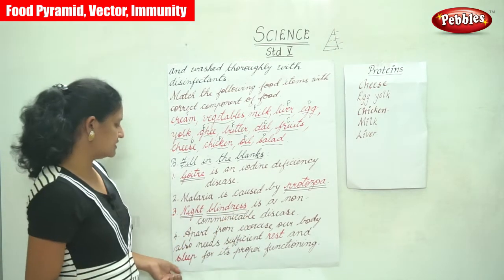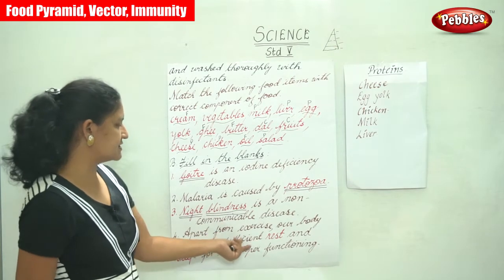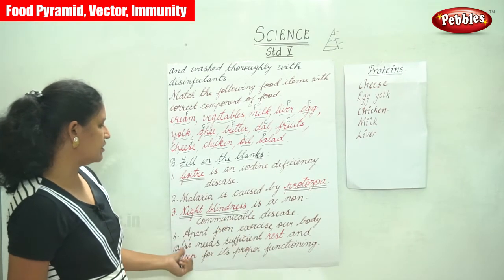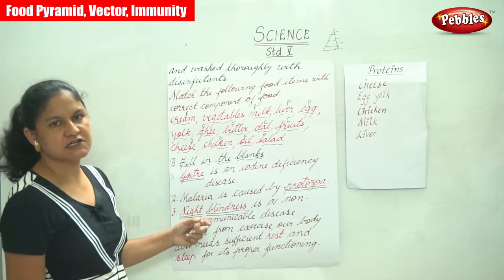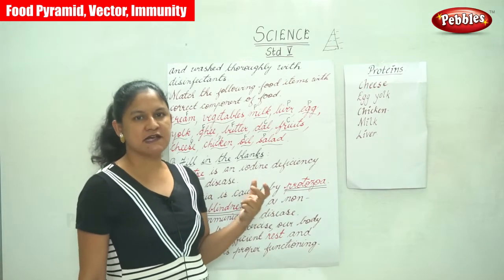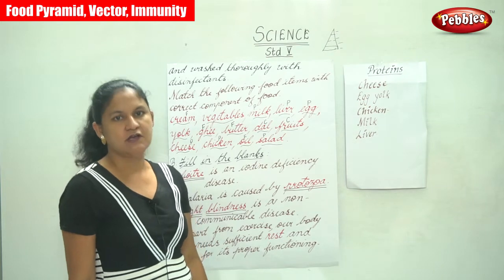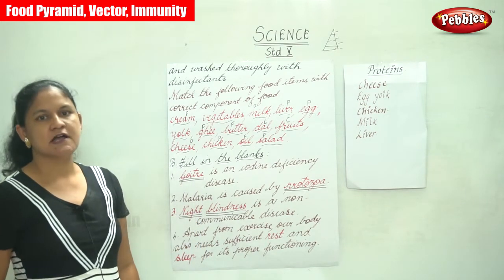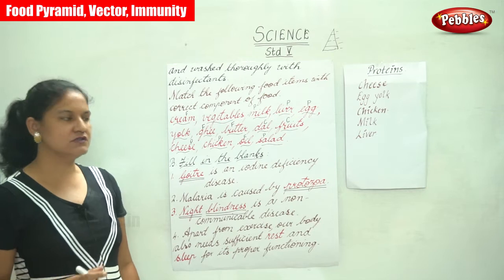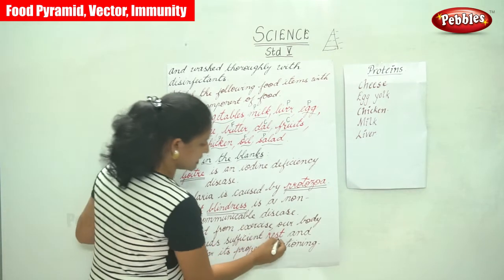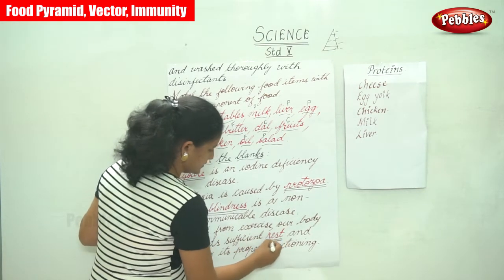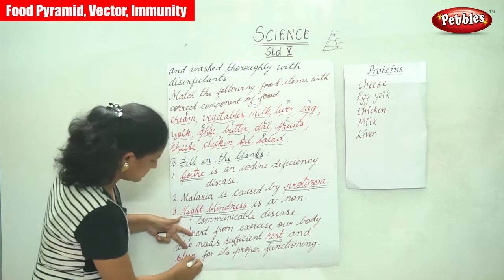The next is: apart from exercise, our body also needs sufficient dash. Only exercising throughout does not help our body in any way. So apart from exercise, our body also needs sufficient rest and sleep.